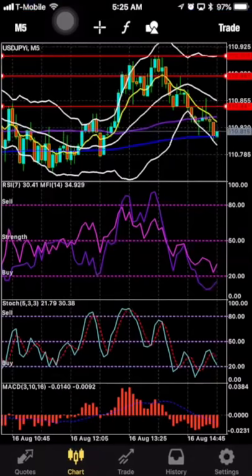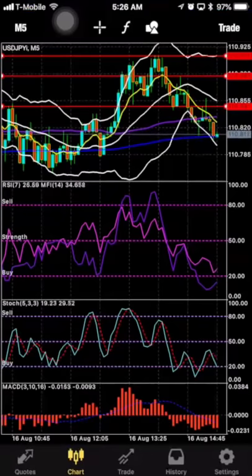Okay, so overall right now, the 200 moving average shows an uptrend, but if you see the RSI and the money flow, which is the dark purple line, the money flow is way below 50, which tells you that it's going to keep going down. And the RSI is right above 20. Okay, so what's going to happen, you can just kind of watch and see, but we're just scalping this.